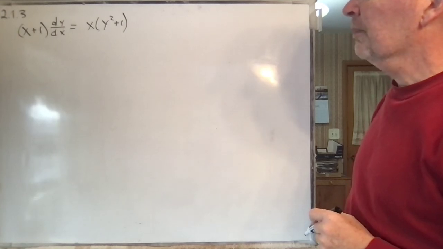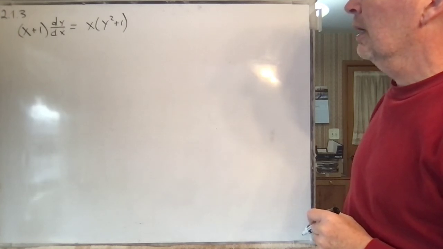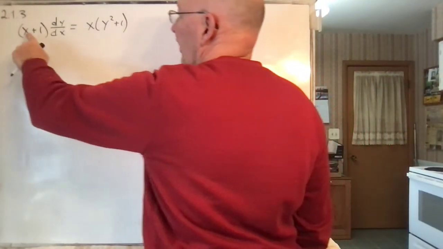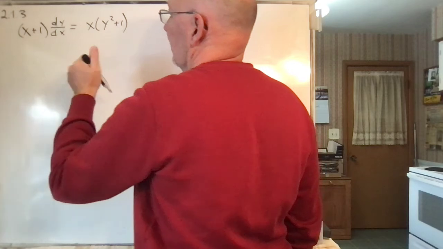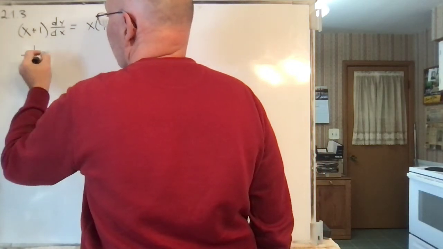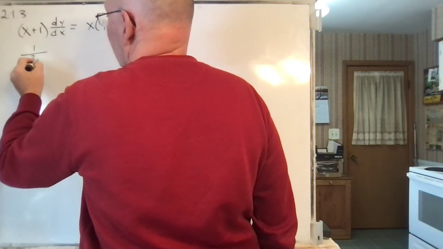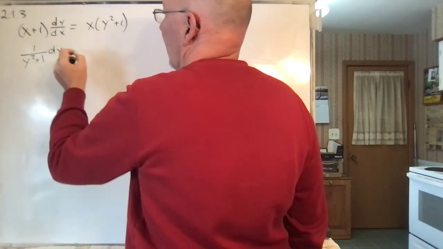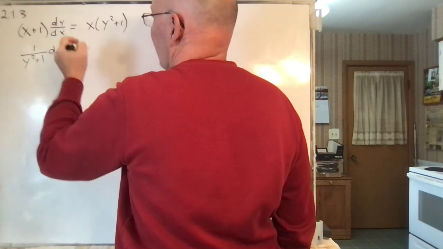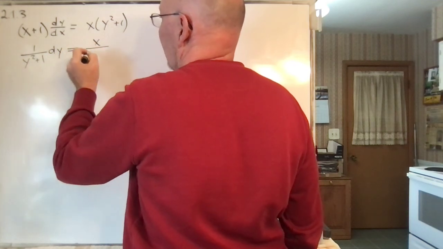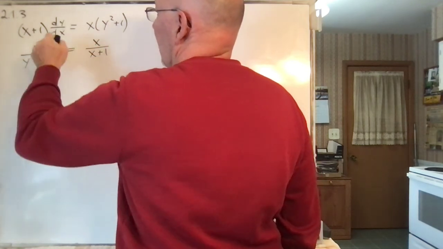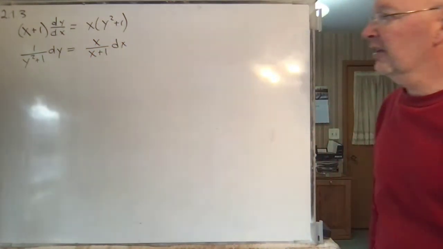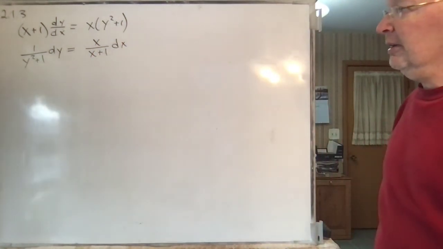Can you do it? Let's get started on it. You want to get all the y's on this side and all the x's on this side. So we're going to get 1 over y squared plus 1, and might as well just leave the dy right there. And then all the x's on this side, so we're going to have x divided by x plus 1. And then you bring the dx over, and there you've got it. You've separated the variables. Okay?